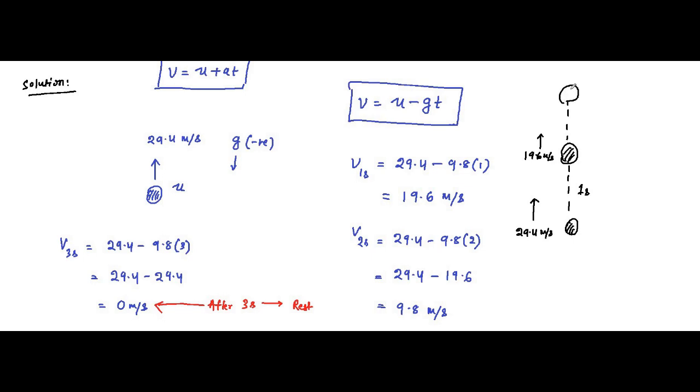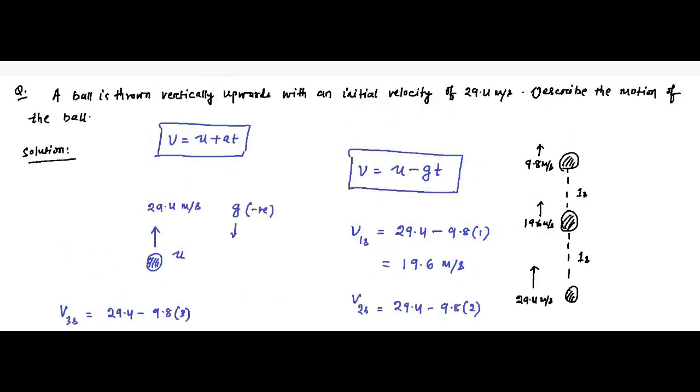Then after another 1 second, that is after 2 seconds, its velocity is 9.8 meters per second, directed upwards. Let us bring it a bit down so that we have some space.